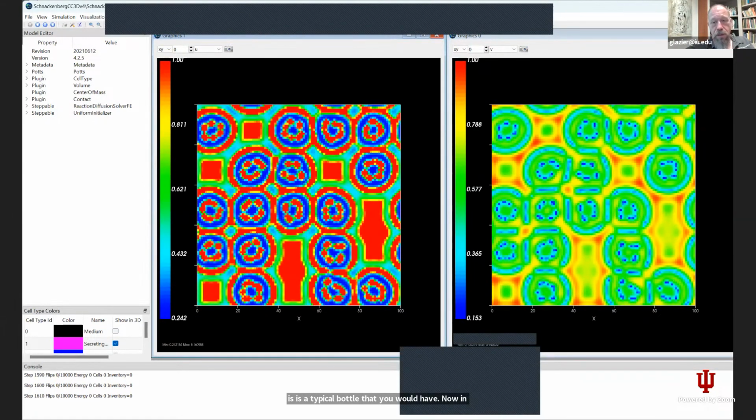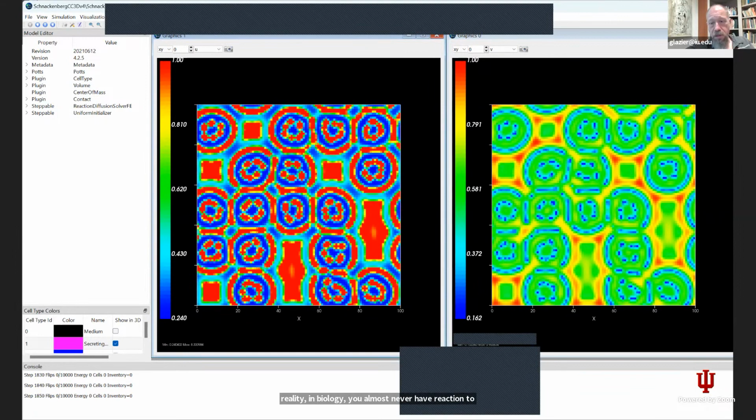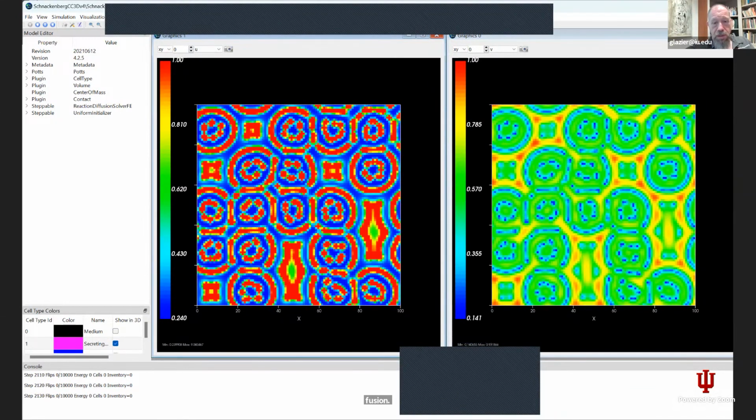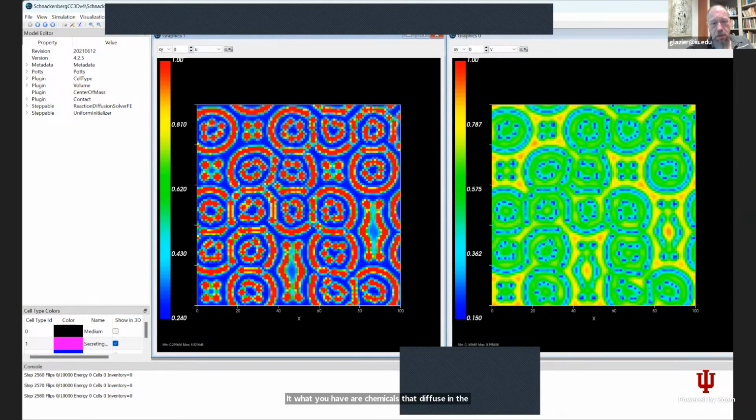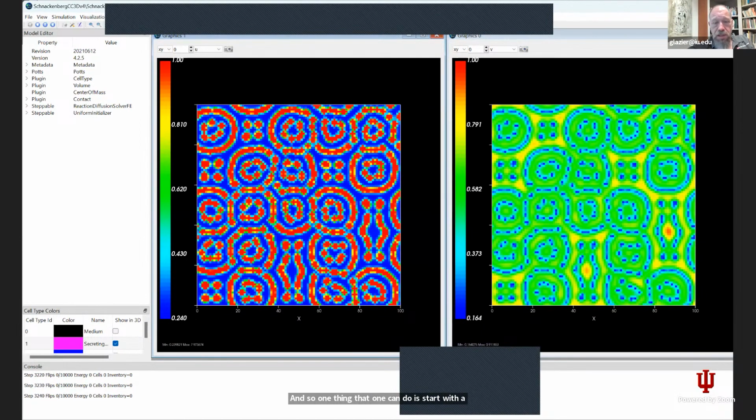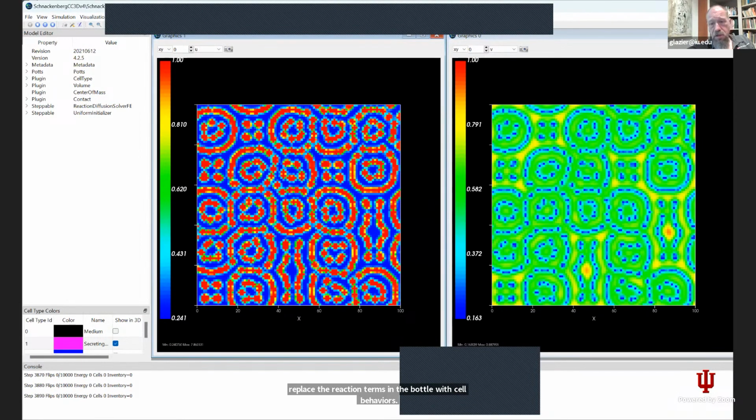What you have are chemicals that diffuse in the environment, and then the cells make decisions based on the environment. And so one thing that one can do is start with a reaction diffusion model like this, and then gradually replace the reaction terms in the model with cell behaviors. And that makes it much more realistic. That would be a possibility.